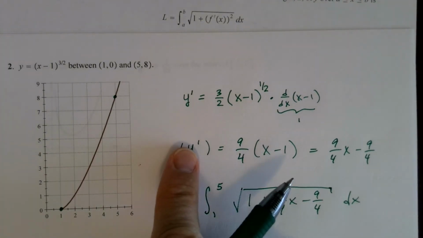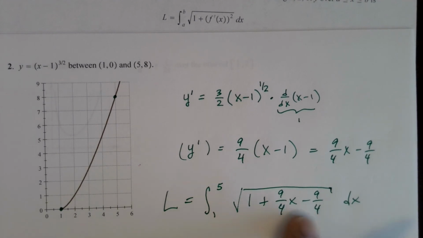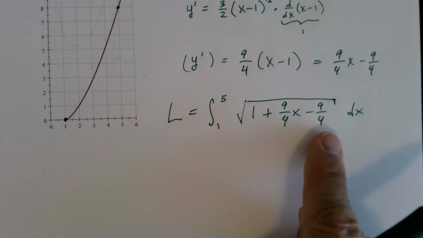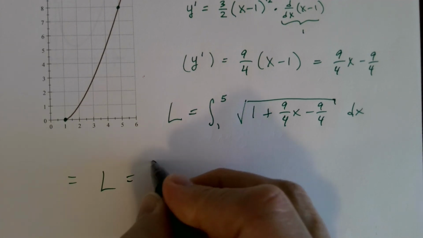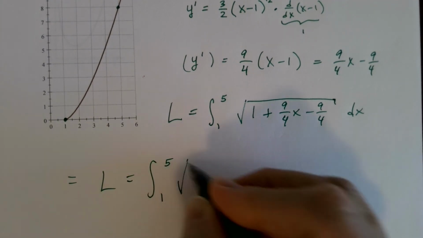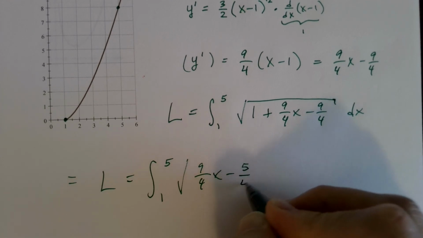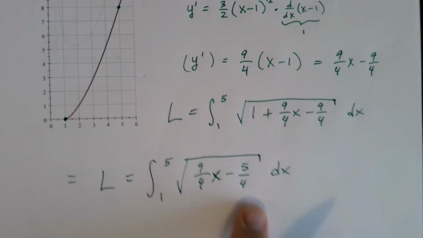So I've already squared y prime right here. There's y prime squared. 1 plus that. Now 1 minus 9/4 is 4/4 minus 9/4, which is negative 5/4. So let me just simplify that first.